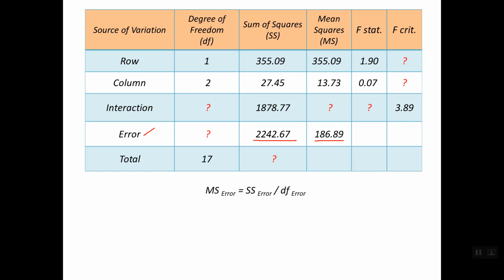We say that the MS for the error is simply equal to the SS for the error divided by the degree of freedom for the error. The value of the SS for the error is known, and the value of the degree of freedom for the error is the missing one.